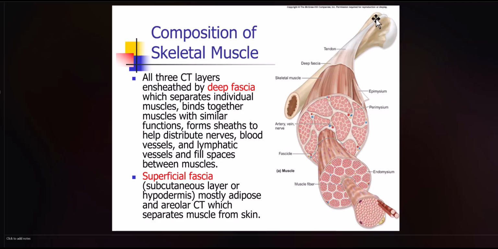And here is the tendon coming down. Again, that deep fascia coming around the entire muscle. Then we see the entire muscle is surrounded by a layer of epimysium. Inside we see fascicles, it's all labeled. The fascicle is surrounded by perimysium. Again, we see spaces for blood vessels and nerves.